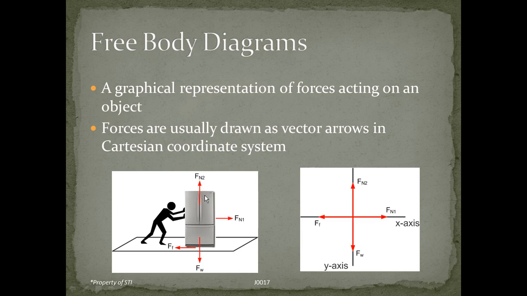We also have the support force provided by the surface on which the object is resting, countering the effects of the weight. We also have the pushing force of the person, which is directed towards this direction, and the frictional force that opposes this pushing force. Once we have identified all the forces acting on our object, we can draw them in our Cartesian plane, and we call this Cartesian plane a free body diagram.